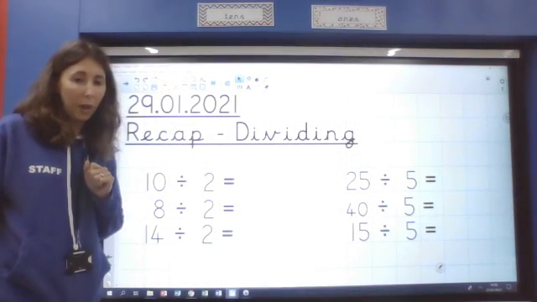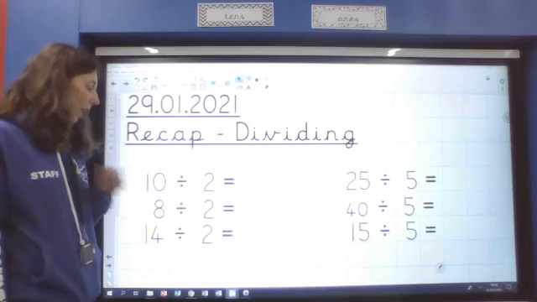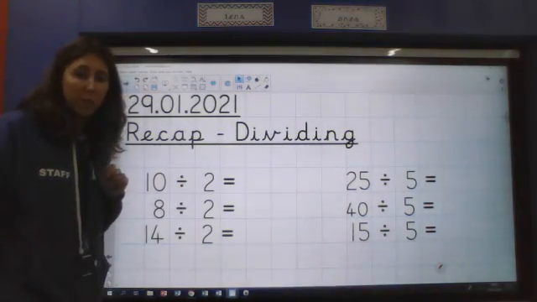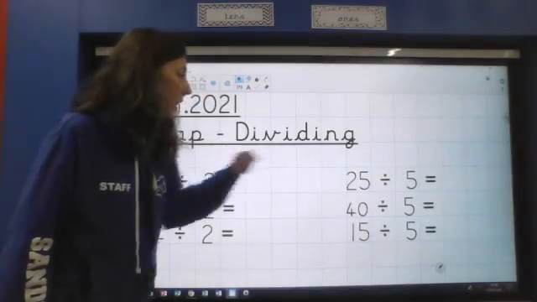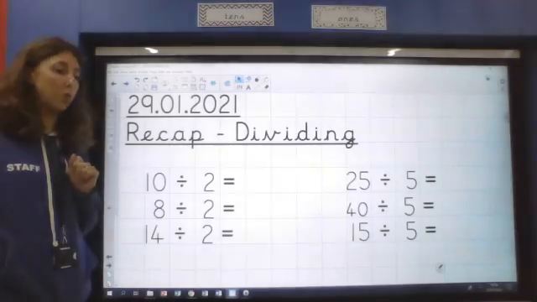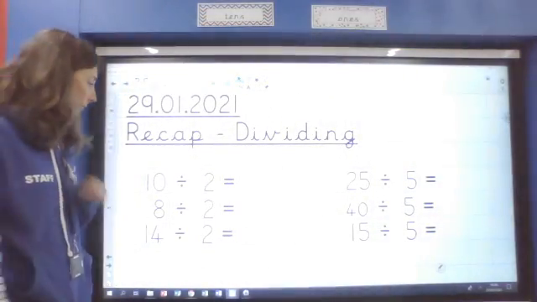So can you, on your whiteboard, pause it and see if you can have a go at counting in your 2's to solve those division calculations and counting in your 5's to solve those ones. Okay, give it a pause and we'll go over them.